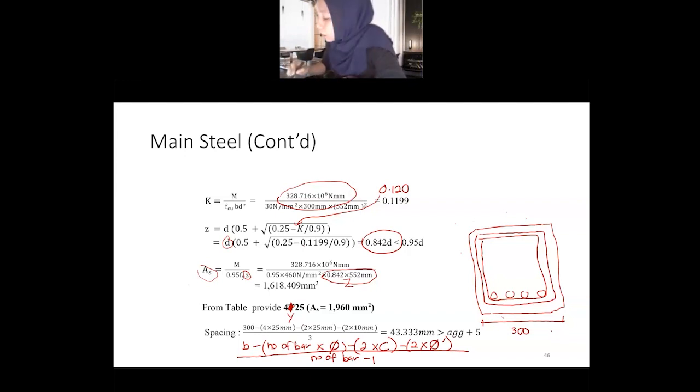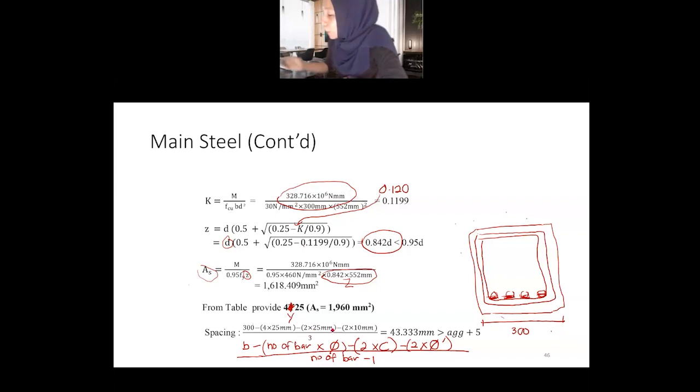Okay. So B it is 300. Okay. B ni 300 ni tahu. Okay. 4 darab 25. 4 darab 25 ni number of bar ada 4 biji. Darab 25 diameter. So diameter ni 25. 25, 25, 25. Okay, so bila you tolak 4 ni, so you hilang lah kat sini punya length. Okay, saya cerita.